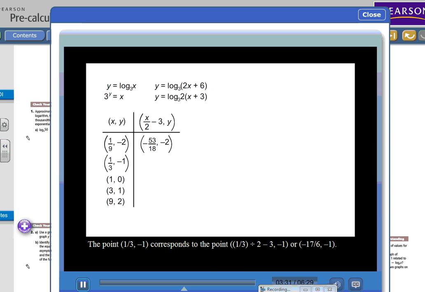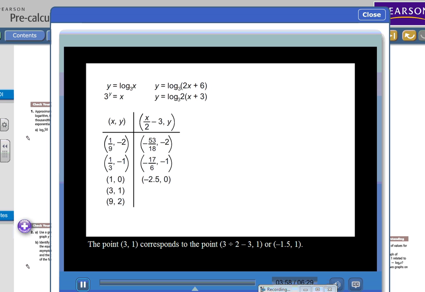The point (1/3, negative 1) corresponds to the point (1/3 divided by 2 minus 3, negative 1), or (negative 17 over 6, negative 1). The point (1, 0) corresponds to the point (1 divided by 2 minus 3, 0), or (negative 2.5, 0).